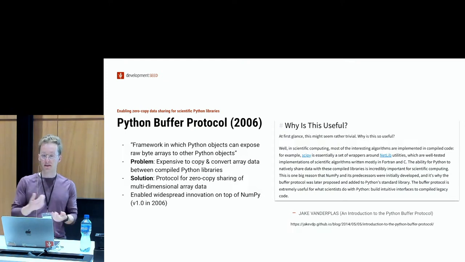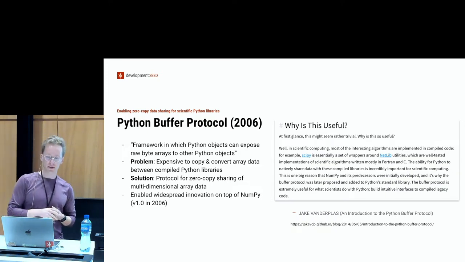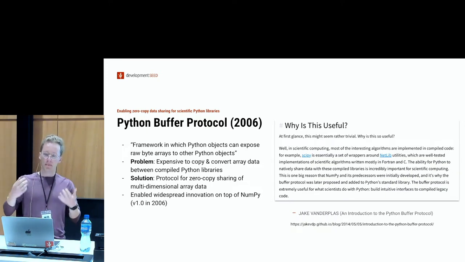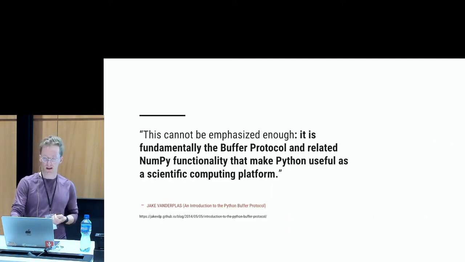This really started in 2006 with the Python buffer protocol, where they had this problem where it was really expensive to copy and convert array data, multidimensional array data, between different compiled Python libraries, like NumPy and SciPy, or whatever versions of those existed back in 2006. But the Python buffer protocol really enabled a ton of innovation by letting these libraries share data efficiently without having to have specific knowledge of each other.